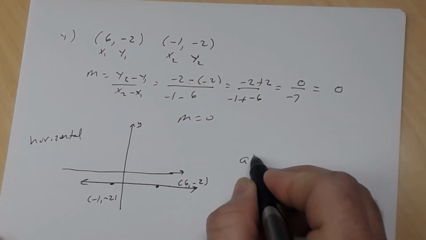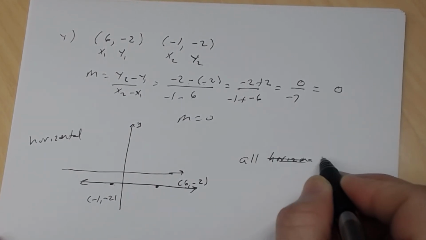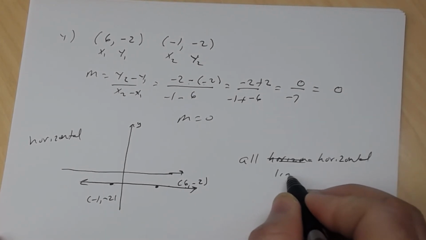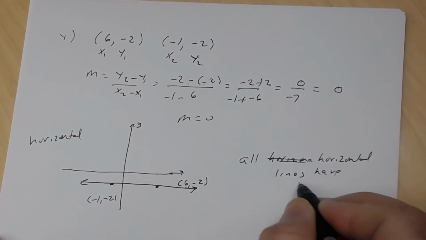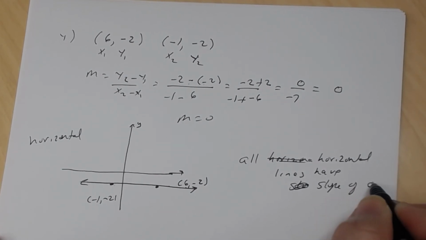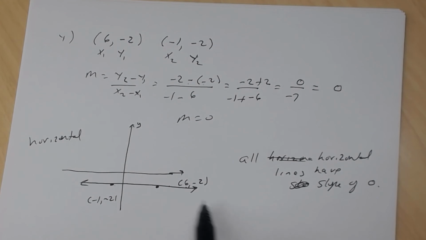So basically, I want you to remember this. All horizontal lines have a slope of 0. So if the slope is 0, that means it's a horizontal line.